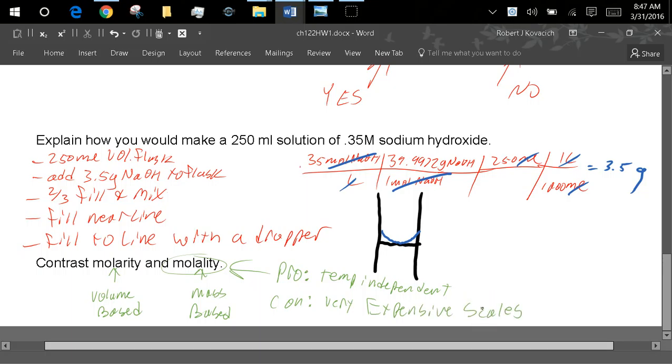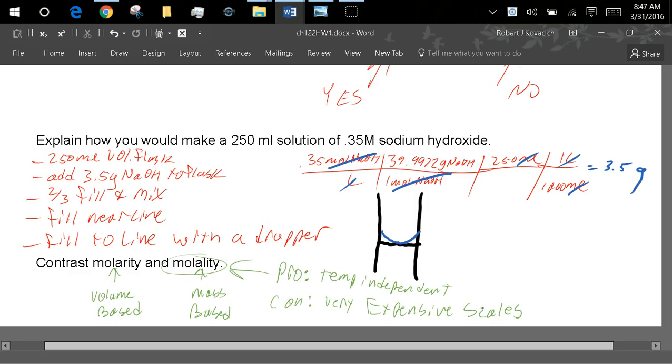If you want to do any volume of any significance, your scale is going to be really expensive. So the scales that we have next door will error out if you hit 135 grams or something like that. So you can't even do 100 milliliters because the flask weighs more than 35 grams. So if I go to put 100 grams of water in there, I've already errored the scale out. And those scales are a little over $400 a piece.